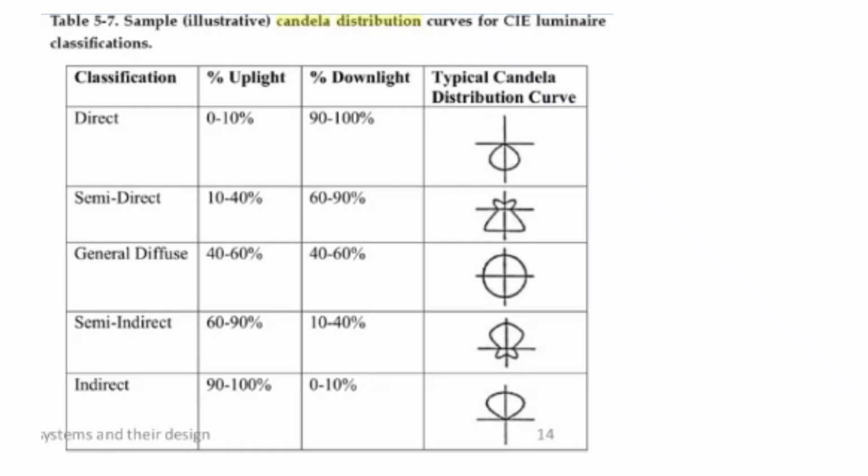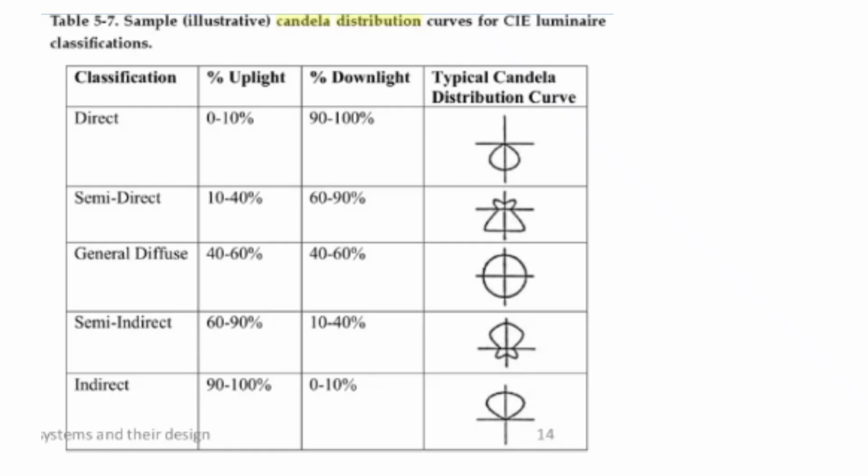Semi-direct fittings direct 10 to 40% light upward and the remaining downward, and they have a typical candela distribution curve, polar curve, in which less portion is upward and major portion is downward. General diffuse fittings are 40 to 60% uplight or downlight, and they have a circular type of polar curve.